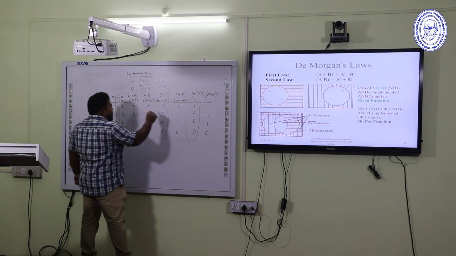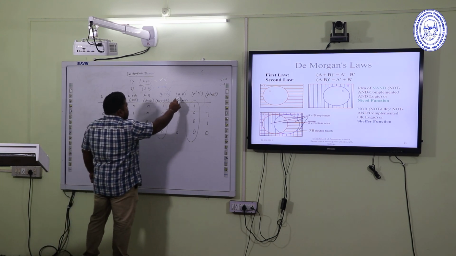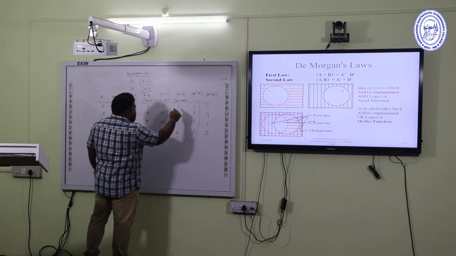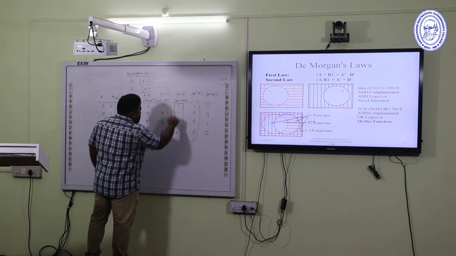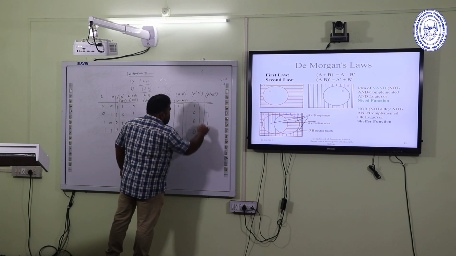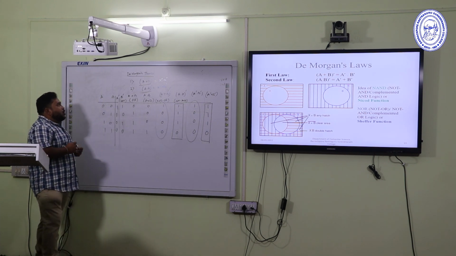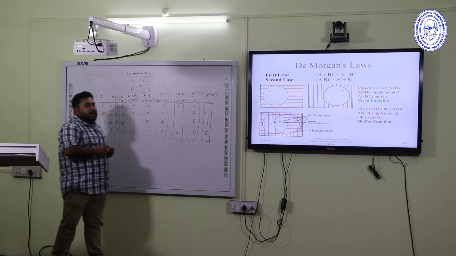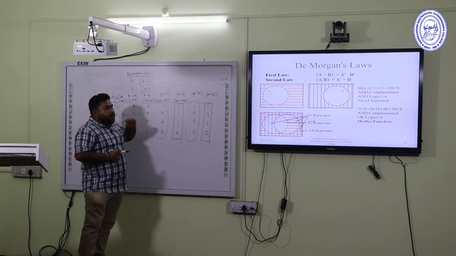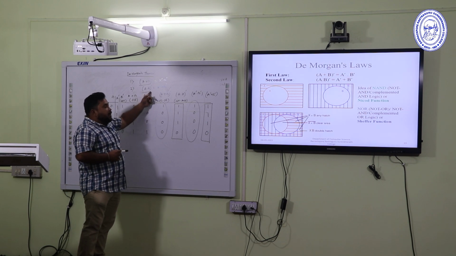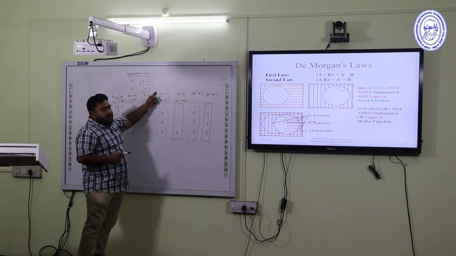And similarly, (a dot b) prime will be the same as a prime plus b prime. So we can deduce the proof of De Morgan's theorem: (a plus b) whole prime equals a prime dot b prime, and (a dot b) whole prime equals a prime plus b prime.